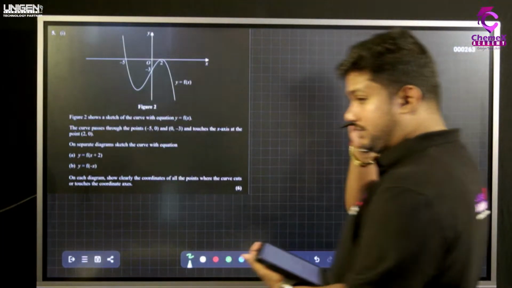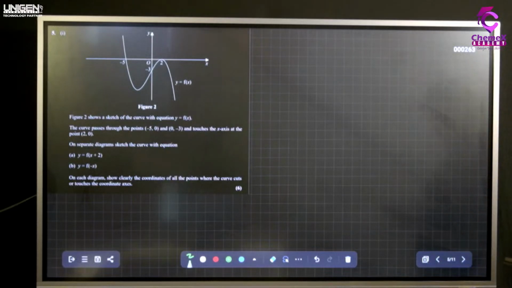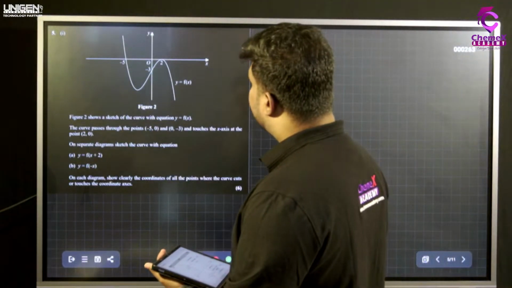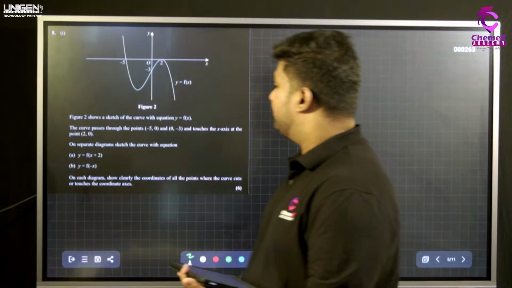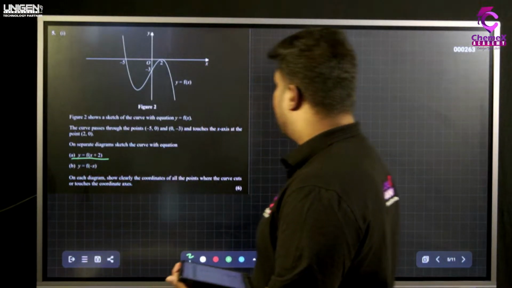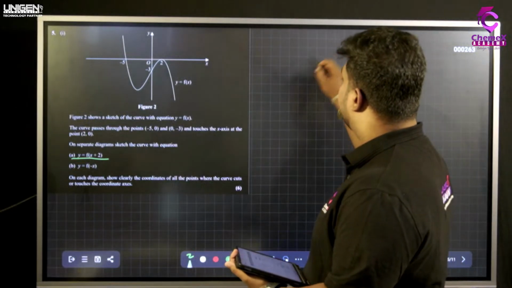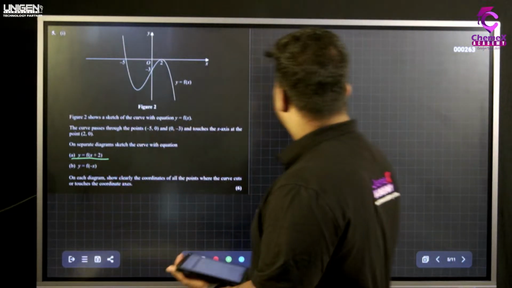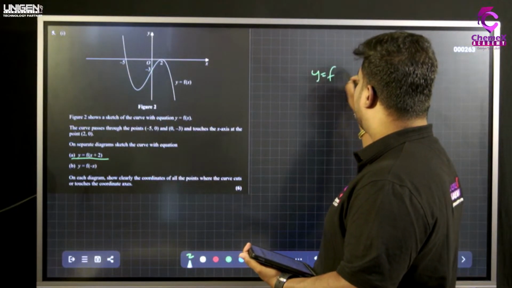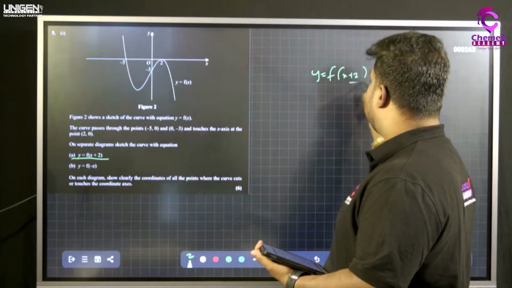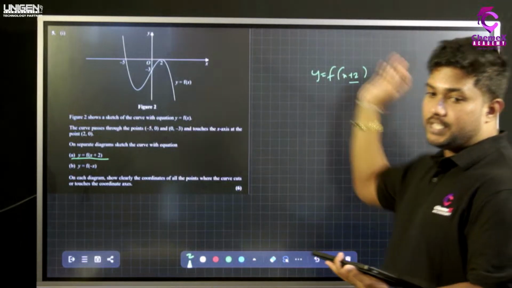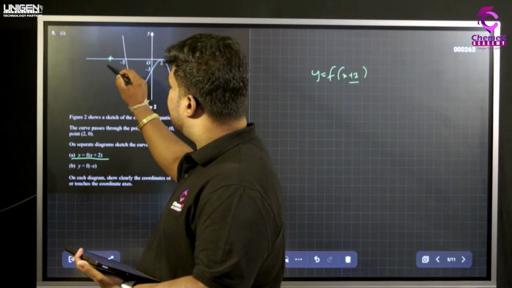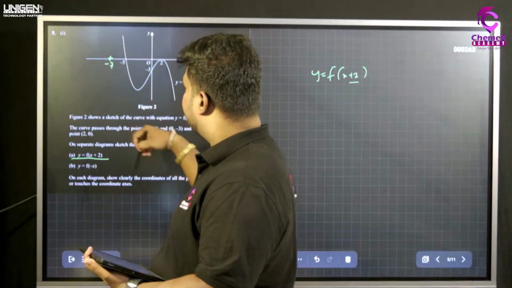Next one, fifth question. So in the fifth question, they have given a graph, draw f(x) plus 2. So I'll use the same graph. You know that if it's plus 2, what does that mean? y equals f(x) plus 2. If you have plus 2, it goes 2 steps to the left. This place will go here, so minus 7.